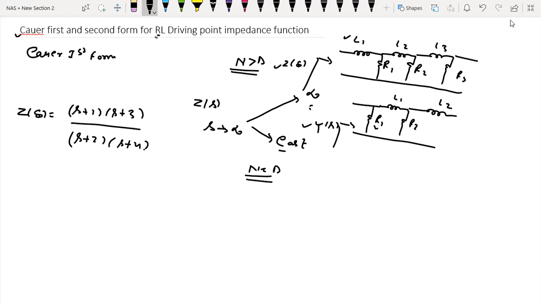In this case, all poles and zeros are lying in an alternating way, starting with a zero: minus 1 is a zero, pole at minus 2, then minus 3 is a zero, and pole at minus 4, and the nearest to the origin is a zero. So this is my RL driving point function.